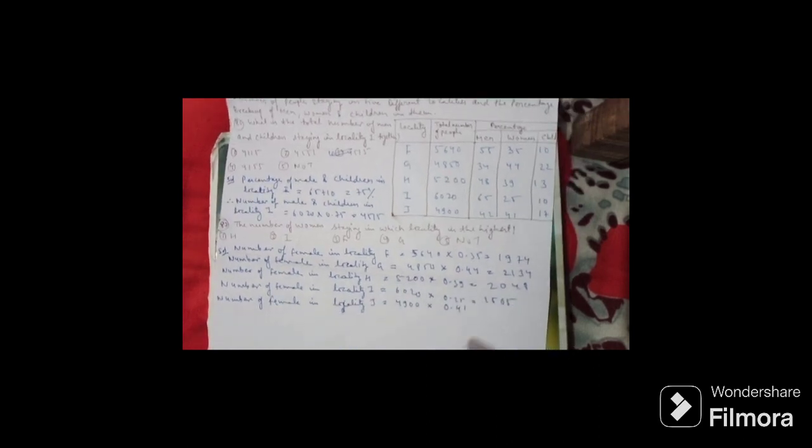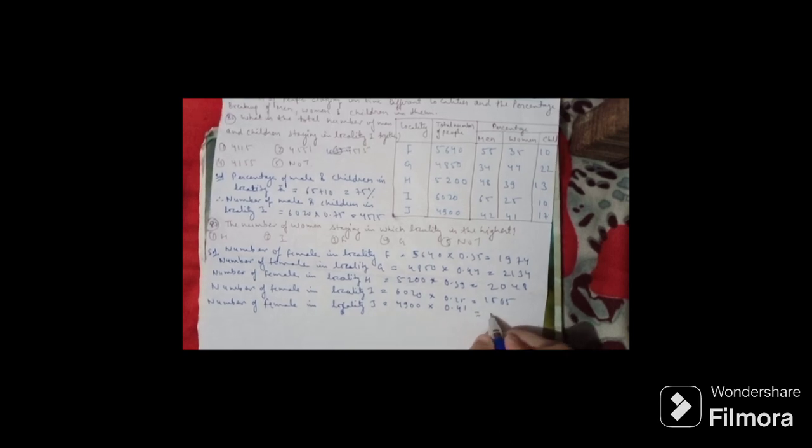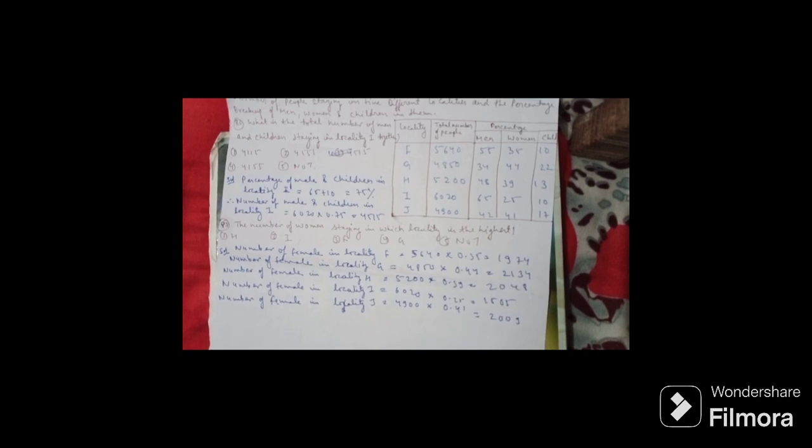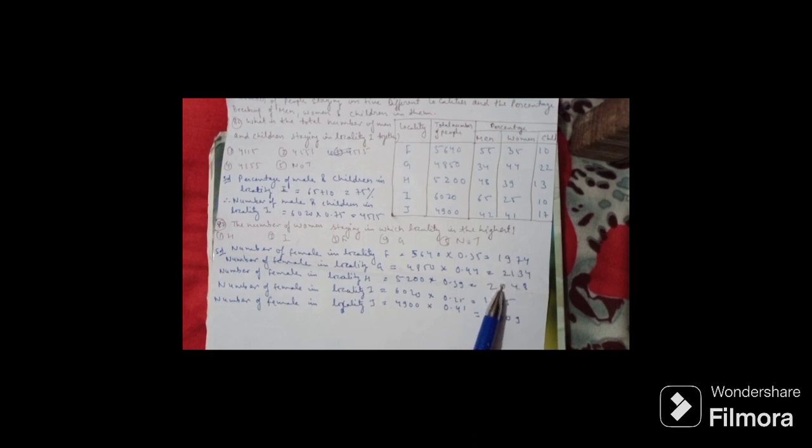Now number of female in locality J is 4900 into 0.41 equals 2009.